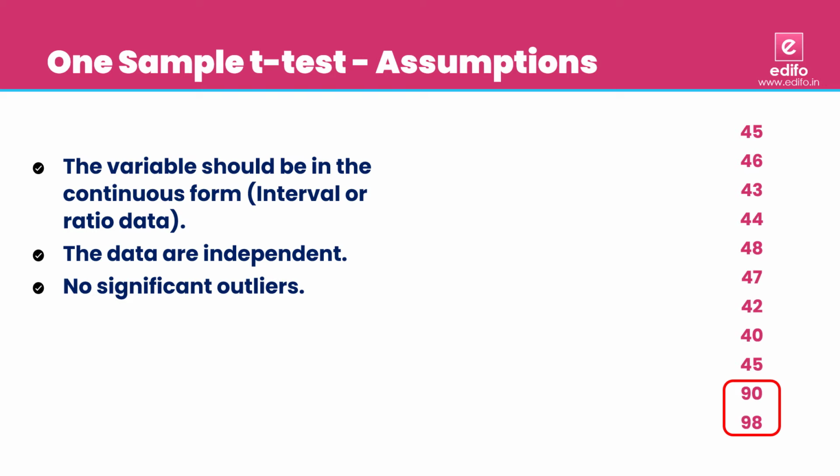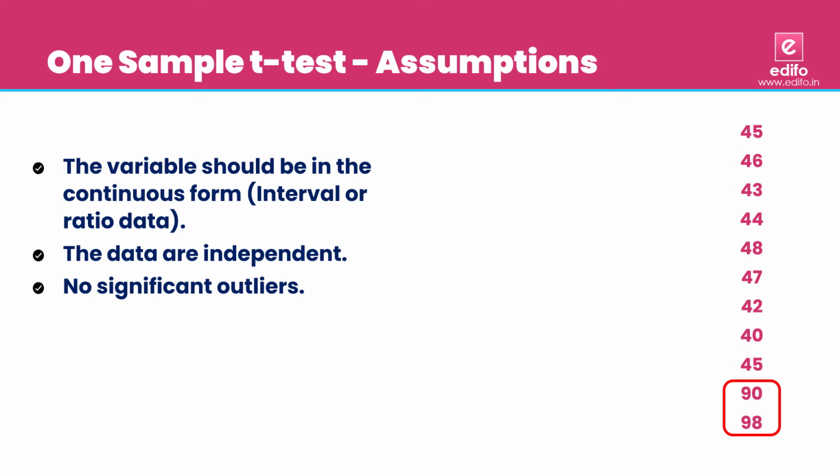So we can say these two data, 90 and 98, are considered as outliers. They are significant outliers. If you are considering 90 and 98 for calculation of mean using this dataset, that mean should not be valid enough.